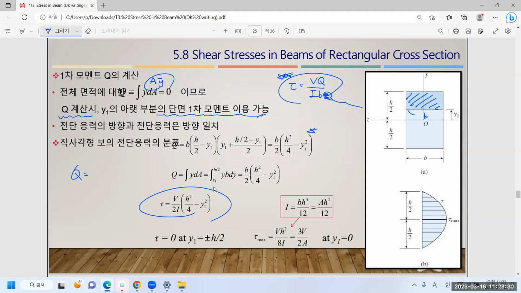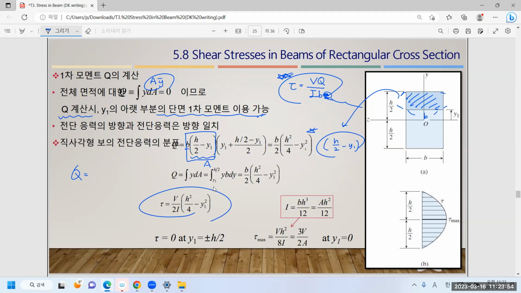This is definitely b. And what is the height? The height component is h over 2 minus y1, isn't it? That should be different. So b times this height here. Actually, this one is represented here. So b times that height, and this should be the area, isn't it?